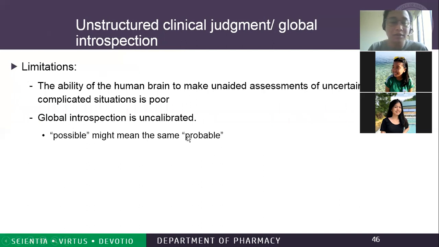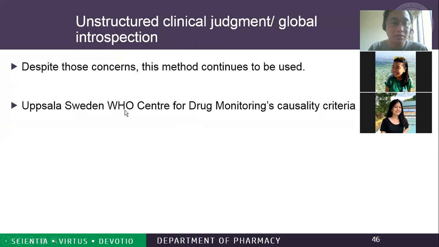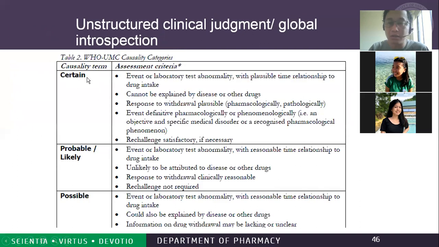Global introspection is uncalibrated. This is the most common example for this group of assessment methods. The WHO-UMC, the Uppsala Monitoring Centre, developed the causality categories. There are six levels.